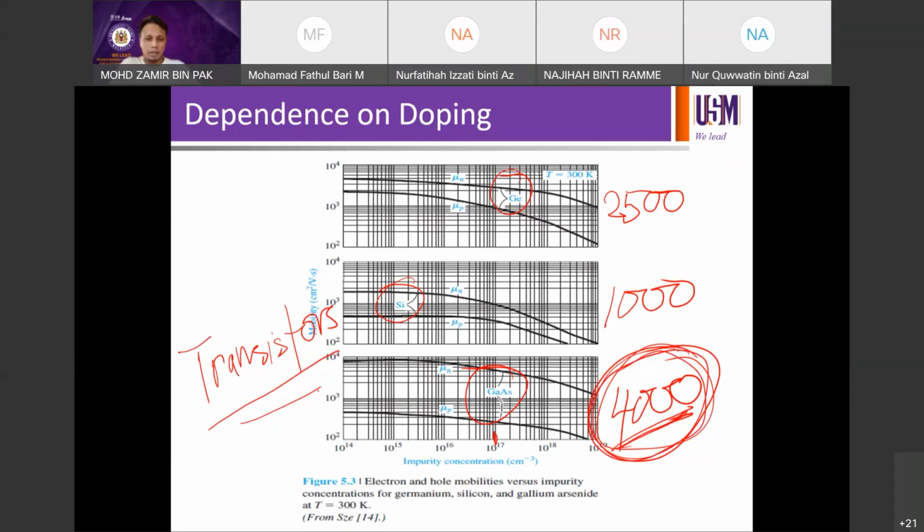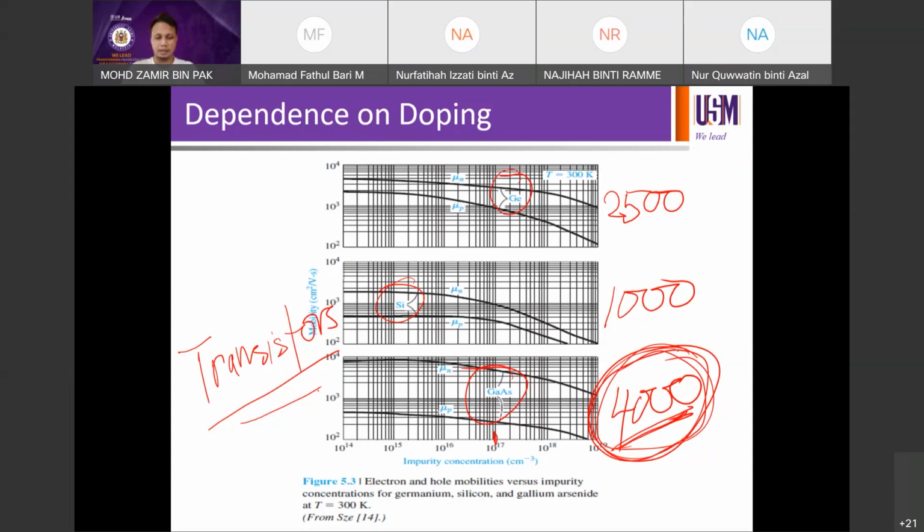And you cannot see holes beating electrons in any case. That's why we use electrons as the dominant, majority carriers in transistors. So that's the significance of this graph and these questions.